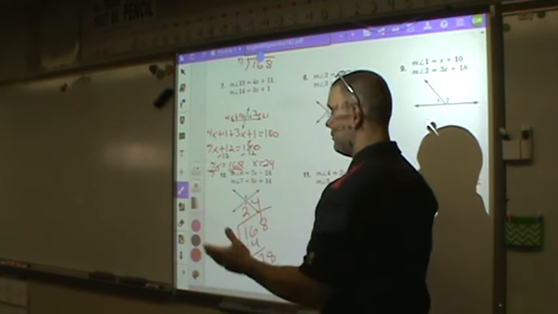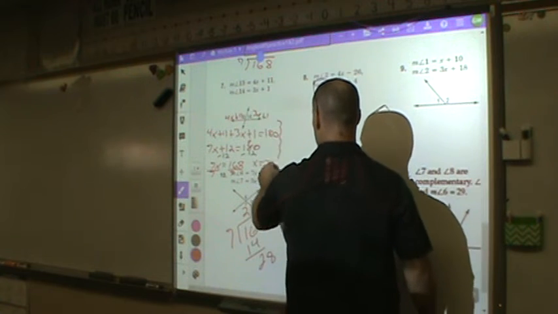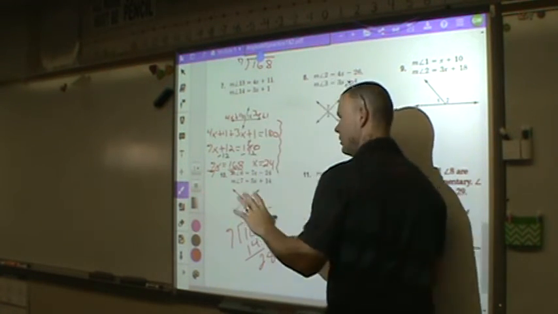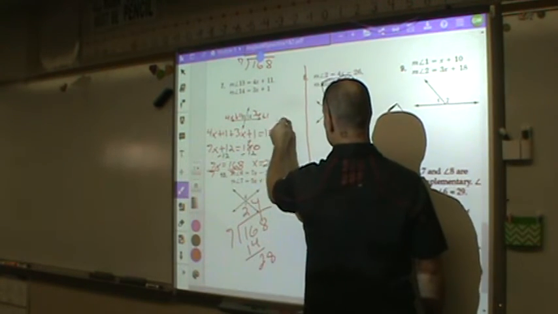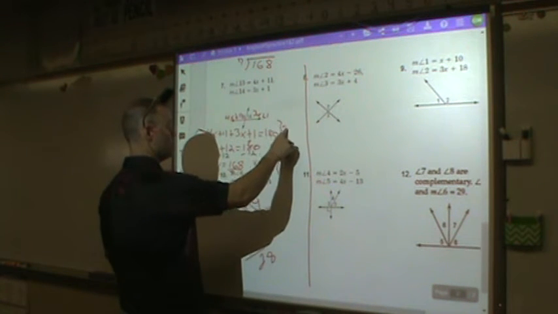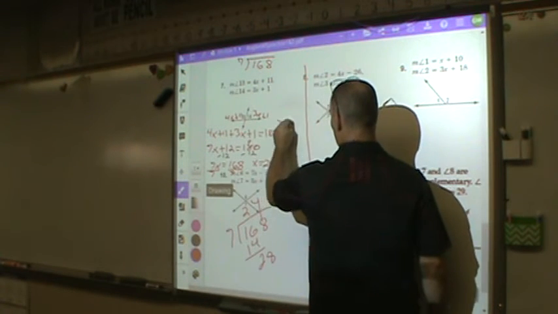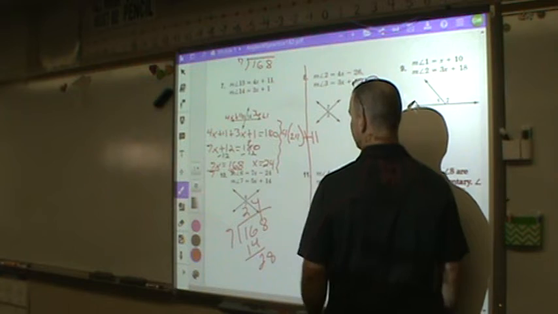Now, you're not done, because it says find the measure of each angle. So what do I have to do? Well, I have to take x and plug it back into each expression. This is easy. This is how easy this is. I'm going to say 4, and I'm going to show you this one, and my video's done here. 4 times 24 plus 11.